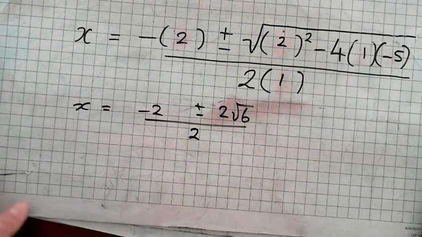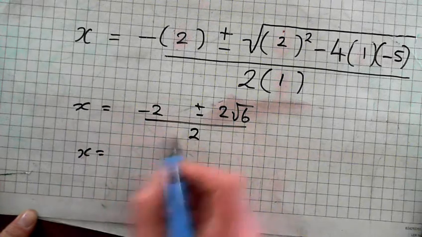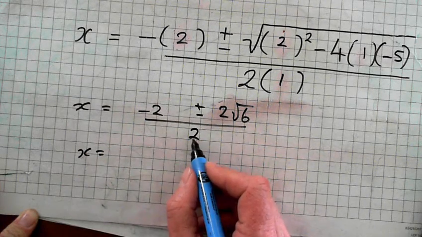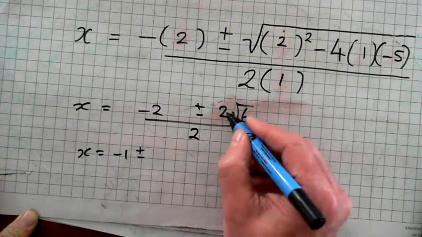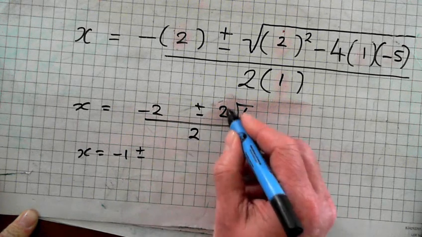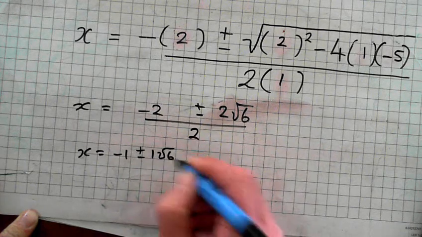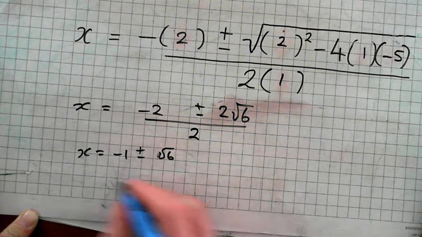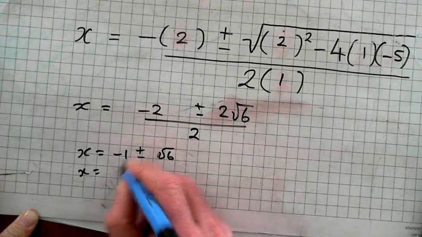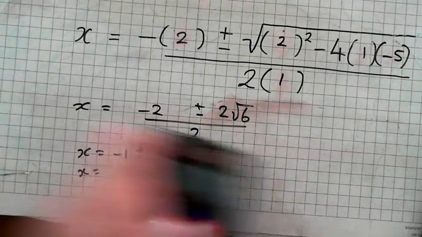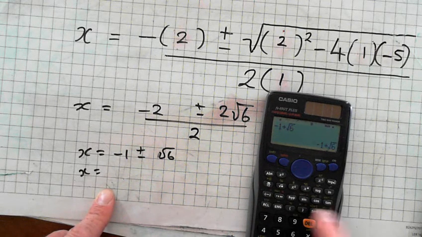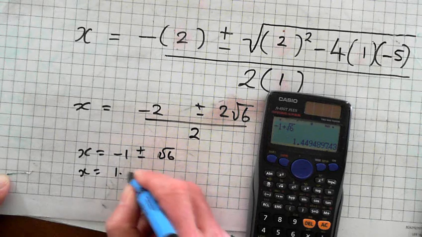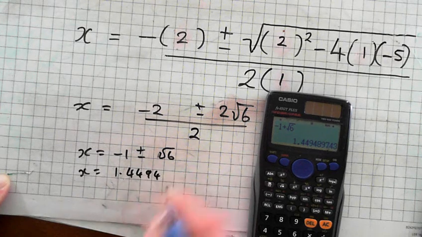Okay, you ready? Minus 2 divided by 2 on your calculator is minus 1, plus or minus 2 divided by 2 is 1 root 6, or just root 6. Right, the 2 answers. Minus 1 plus root 6 is equal to, press SD, 1.4494.